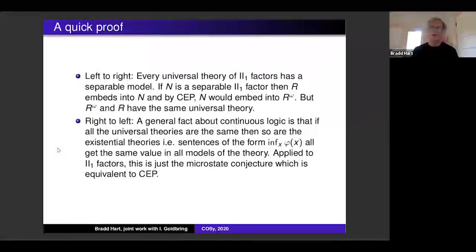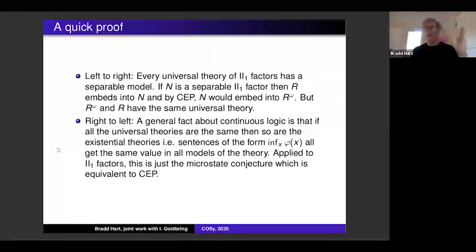And now if the Connes embedding problem were to hold, then N would embed into R to the omega, right? So I'd have this picture. I don't know if you can see me, or whether you're just looking at my slides, but you have R, N, and R to the omega, okay? And you're dealing with a sentence which is a supremum.